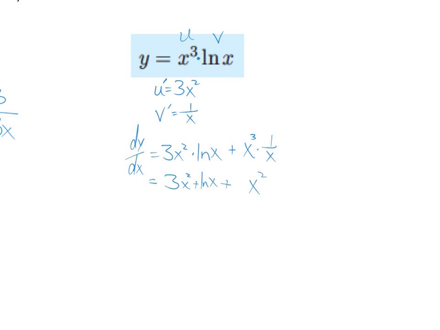Not plus there, hang on, it should be times. If you think in terms of like terms or factoring, there is an x squared here. So I have x squared times 3 ln of x plus 1.